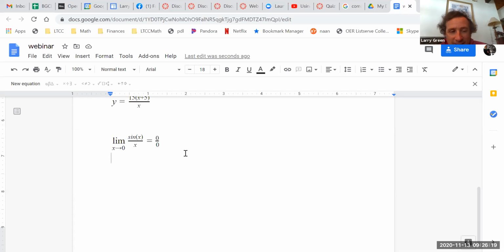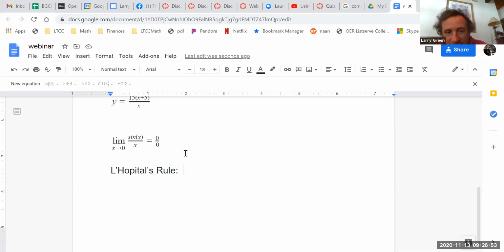So let me give you the big theorem. The theorem is called L'Hopital's rule. L'Hopital's rule says the following, and basically it gives you what to do when you get 0 divided by 0.